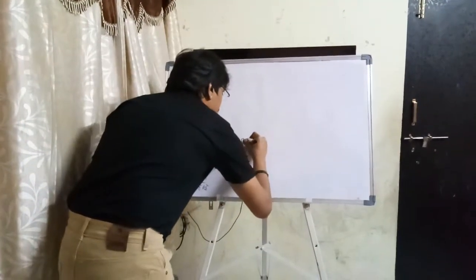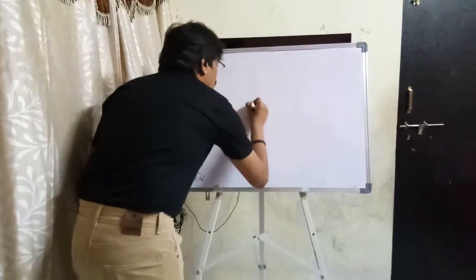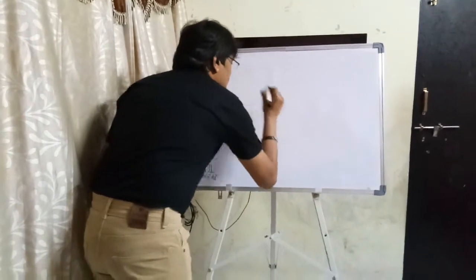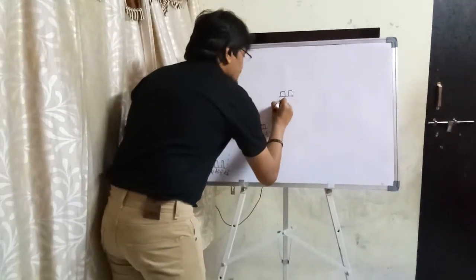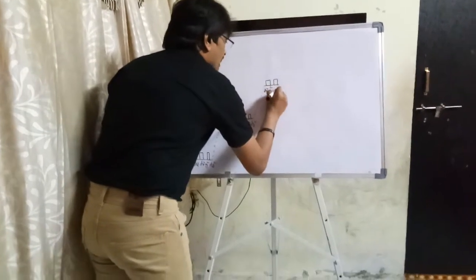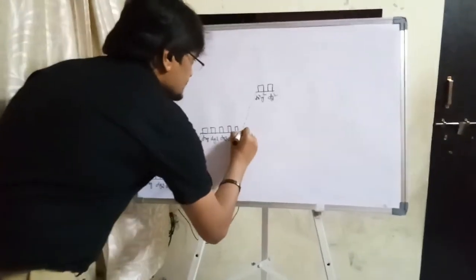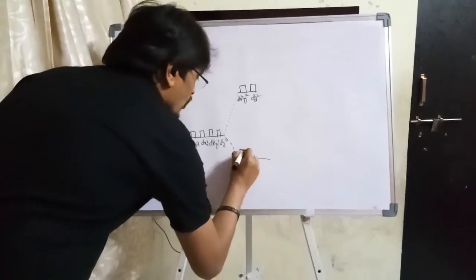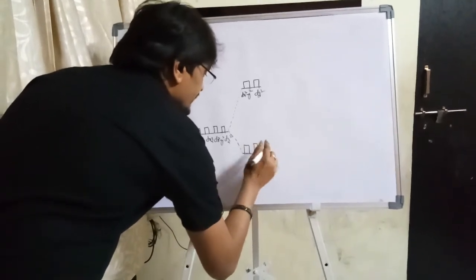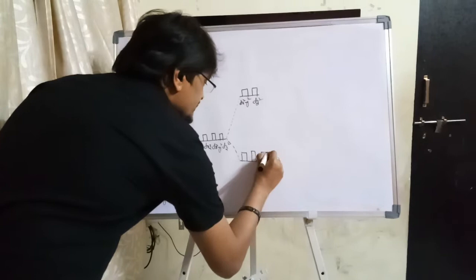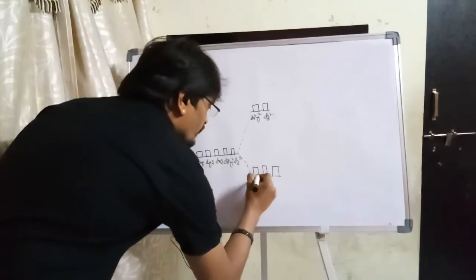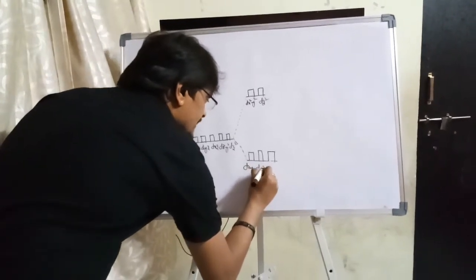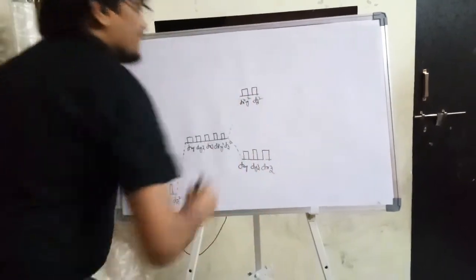Now what happens? The eg set of d orbitals occupies the highest energy level, which are dx square minus y square and dz square, whereas the t2g set of d orbitals occupies the lowest energy level, which are dxy, dyz and dxz.